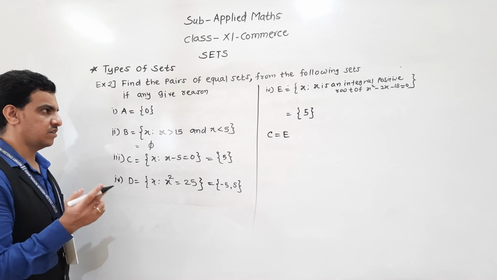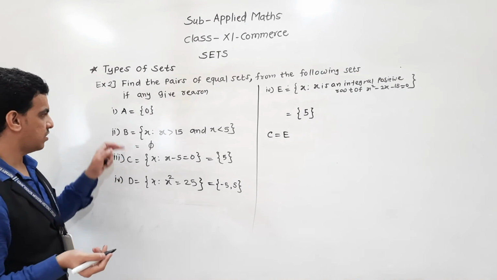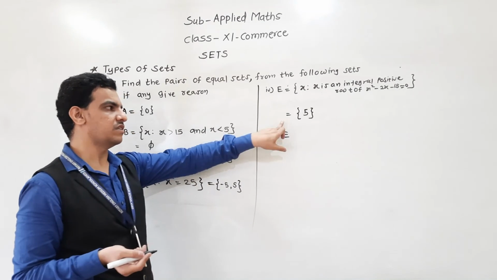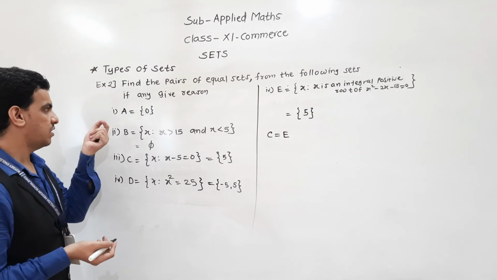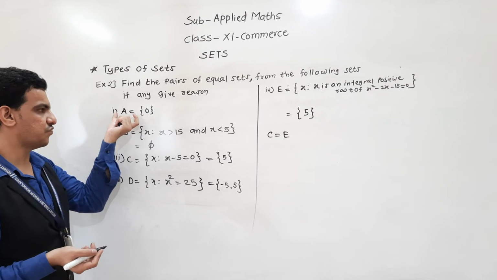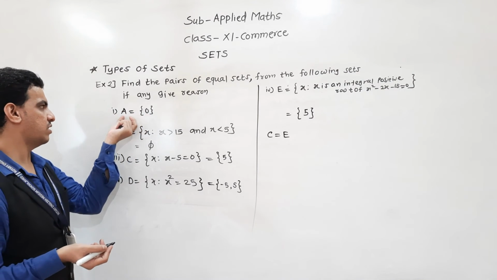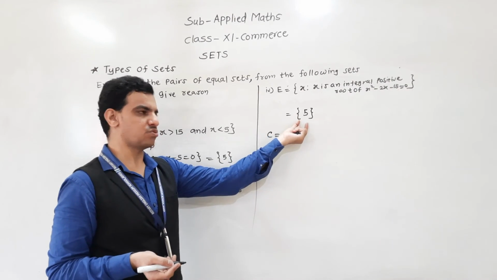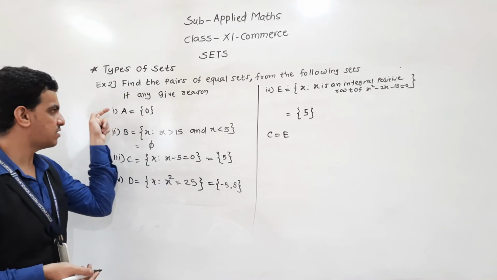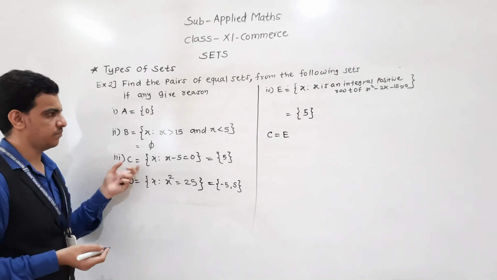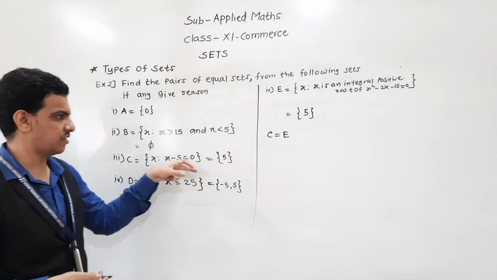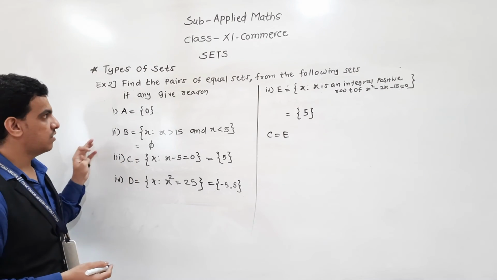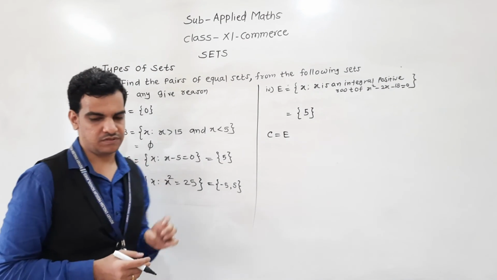And if they ask which are equivalent sets, here A, C and E are equivalent sets because the cardinal number of each of these sets is 1. Here one element, here also one element, and in E also one element is there. So these three are equivalent sets, but equal sets are only C and E. Okay, understand this? Now we will take the third example.